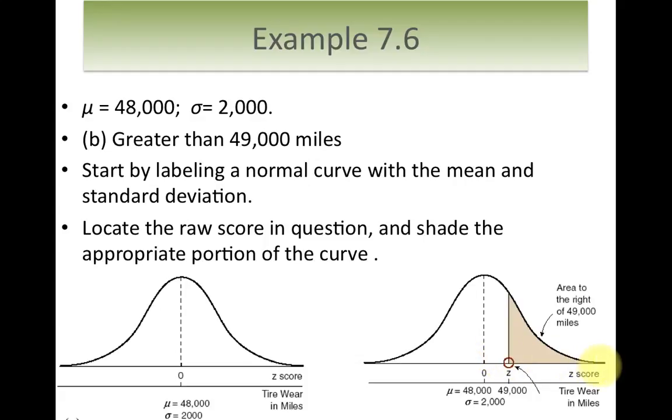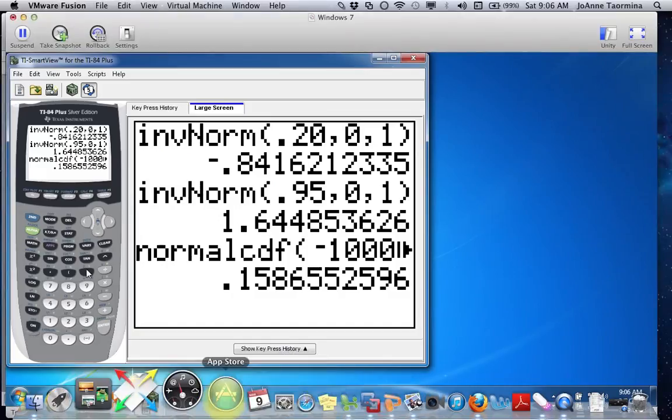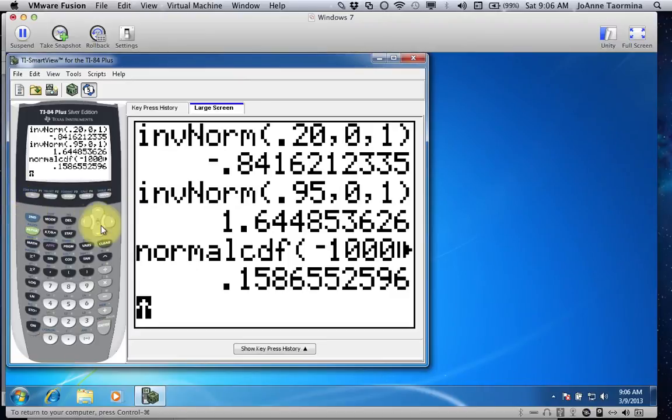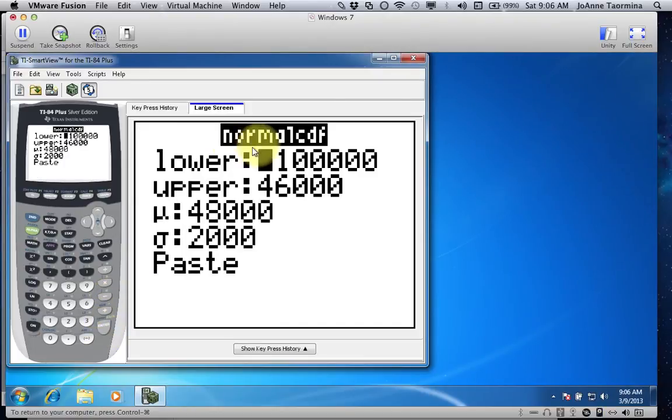Okay, so the things that we have to enter into our calculator now: second DISTR, normal CDF. The lower value now is 49,000, because this is the value on the left.